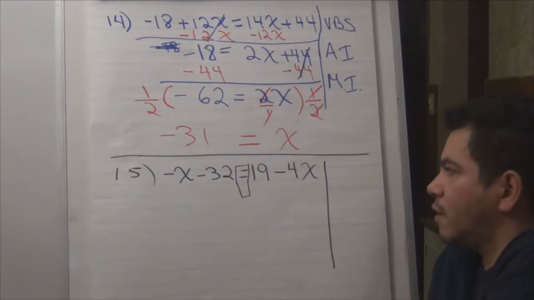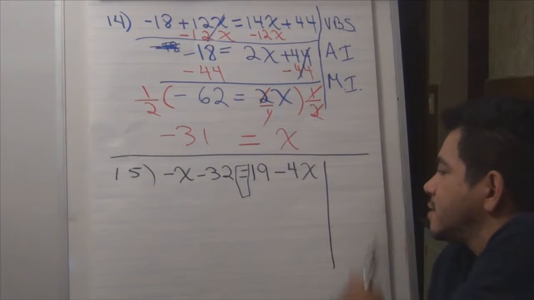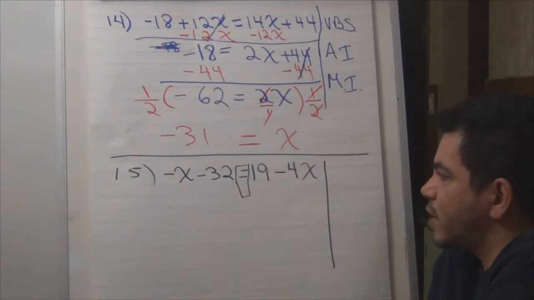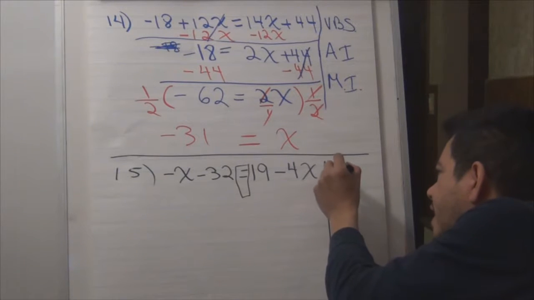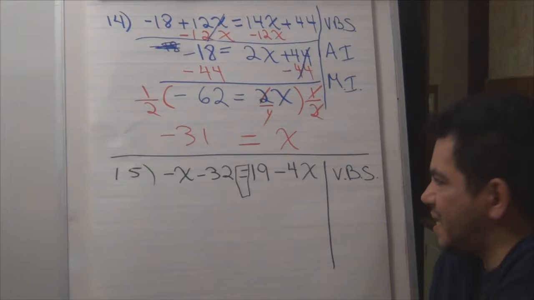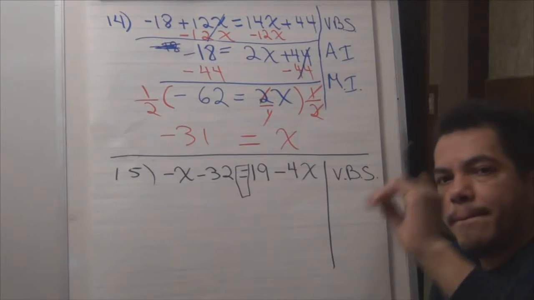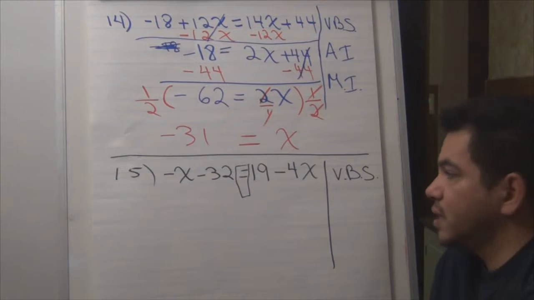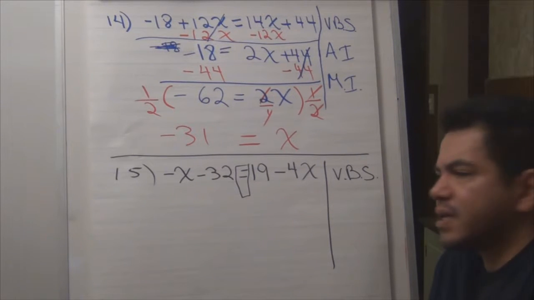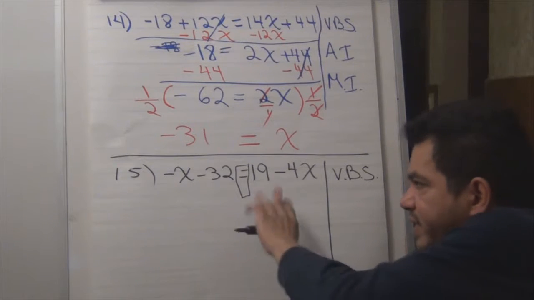Okay, so what about variables on both sides? Yes. So how do I do this? Well, remember what I said. We have VBS, variables on both sides. What does that mean? That means that I need to get rid of one of them by adding the opposite, by using the additive inverse basically. And I said get rid of the lesser one usually. Which one is less?